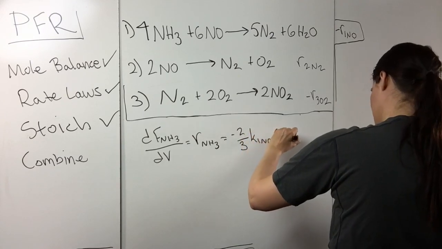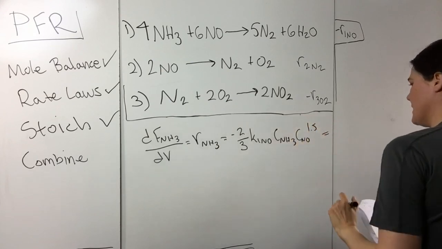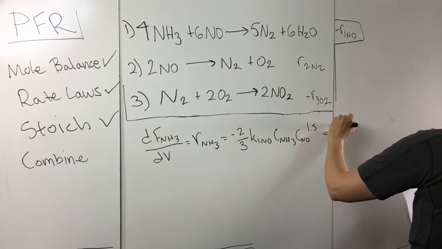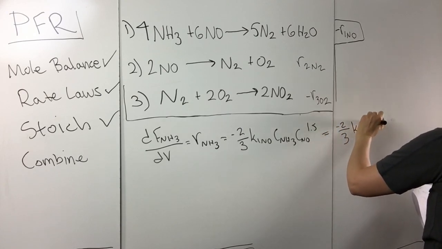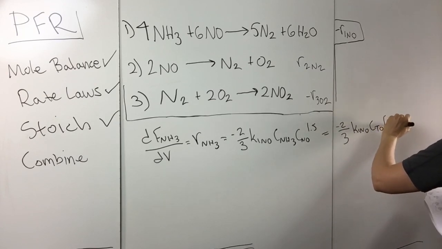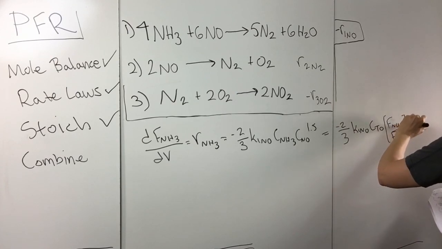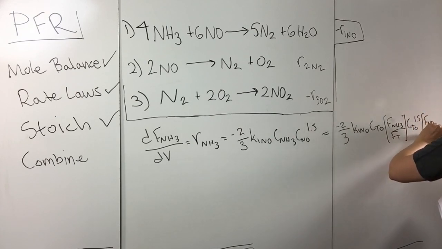and so that was equal to minus 2/3 K1NO C NH3 CNO to the 1.5, and then plugging in the stoichiometry, that would be minus 2/3 K1NO CT naught FNH3 over FT, CT naught 1.5 FNO over FT to 1.5.